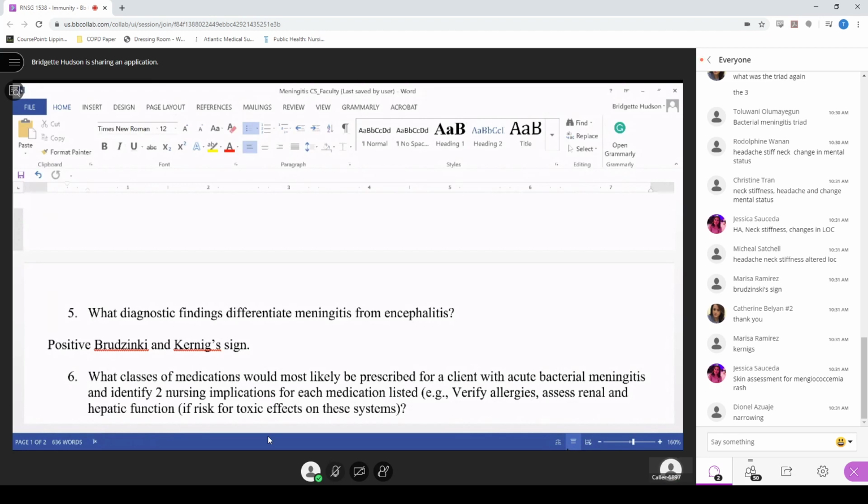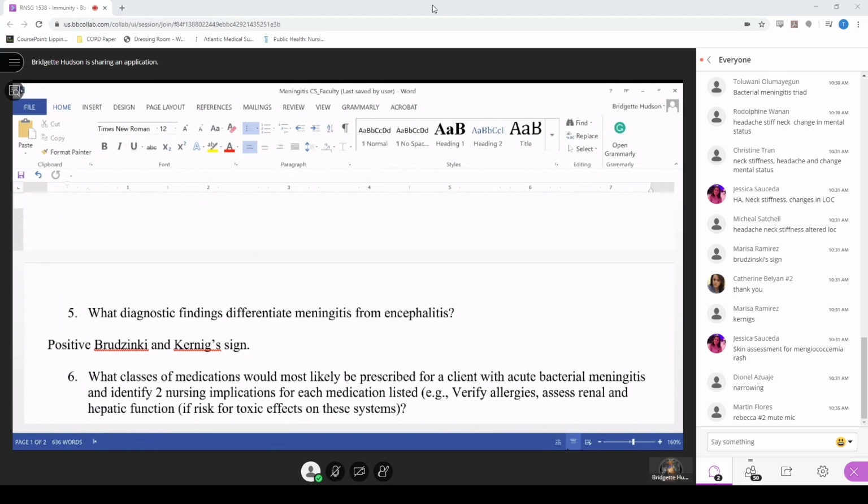But it's not uncommon for them to get a cephalosporin as an alternative treatment, a third generation cephalosporin. For your more common bacterial meningitis cases, they're going to start with some type of penicillin. If they're resistant to penicillin, they have other antibiotics they can give. So if penicillin doesn't work, they may use a cephalosporin.